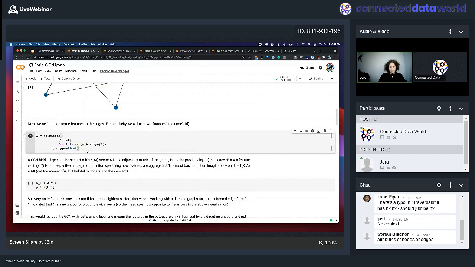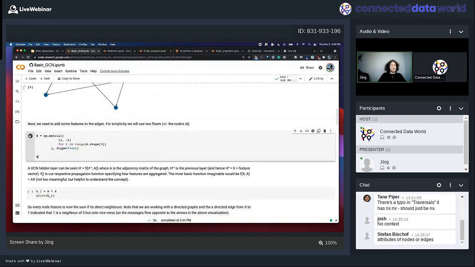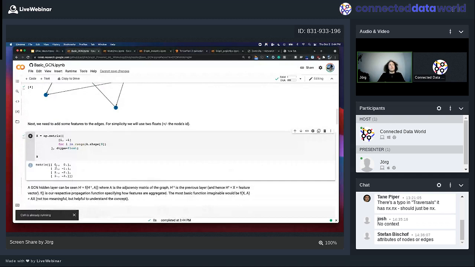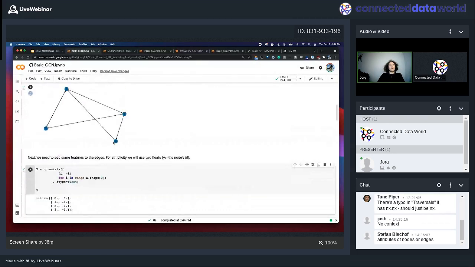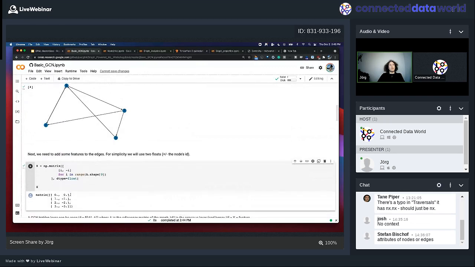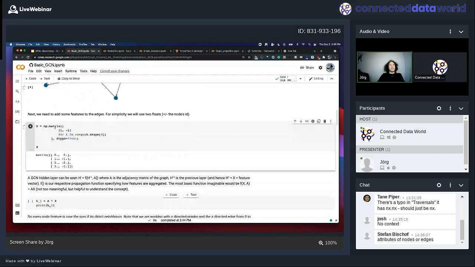We are cheating. Let's print that for once. Run that again. So we simply give each of the nodes a feature: node 0 gets 0, 0. Node 1 gets the feature vector 1, -1. Node 2 gets 2, -2. It's just a very simple way of assigning a random feature vector.